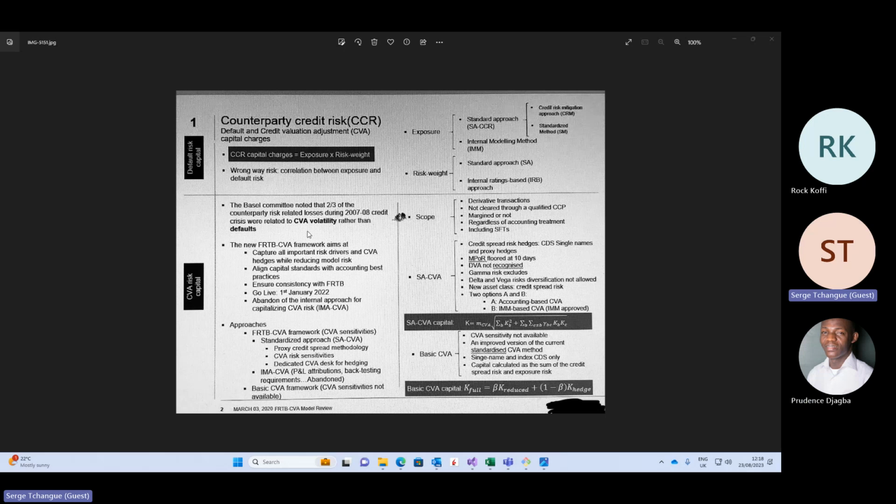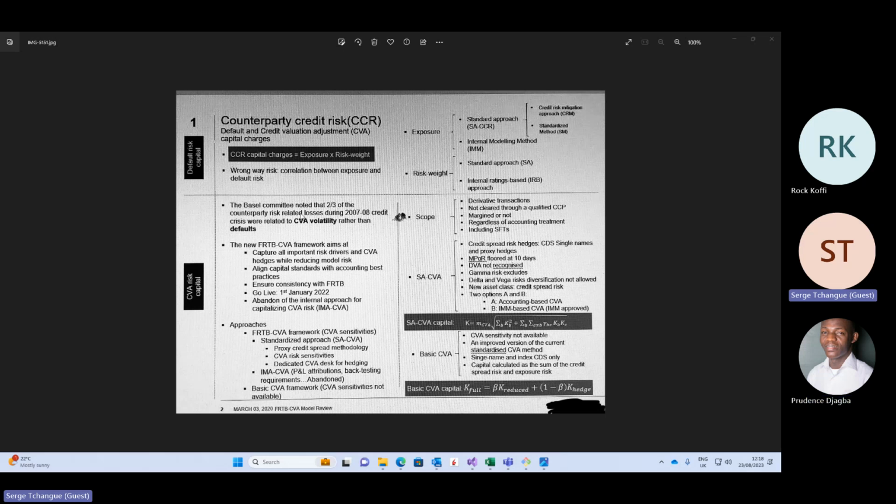Even in the counterparty credit risk, CCR, you have 2 types of risk. One is the default, the other one is the CVA. So forget what I said about credit risk. It's completely different.